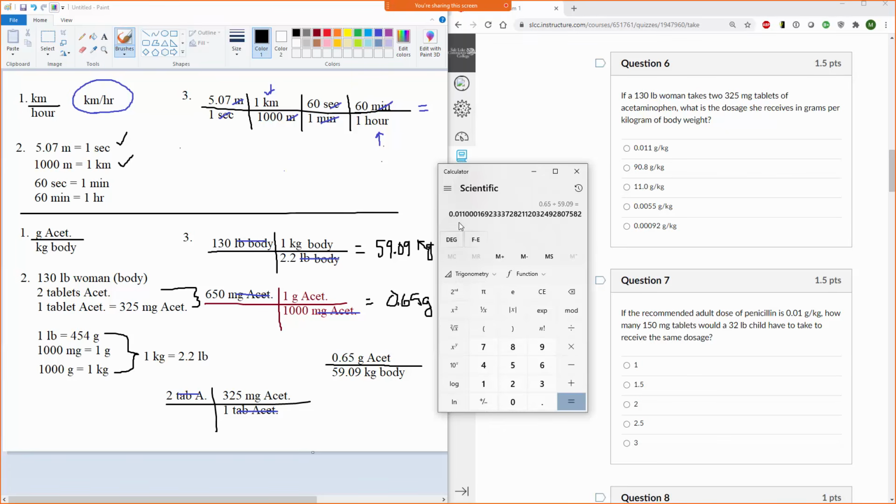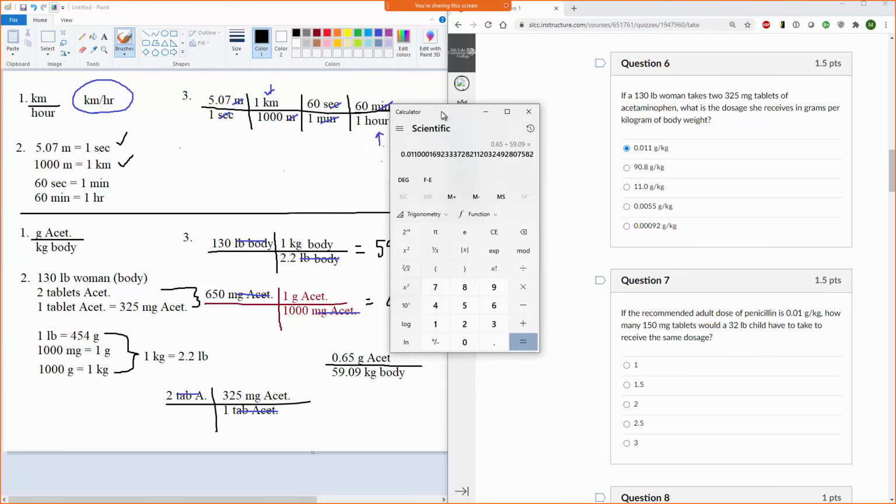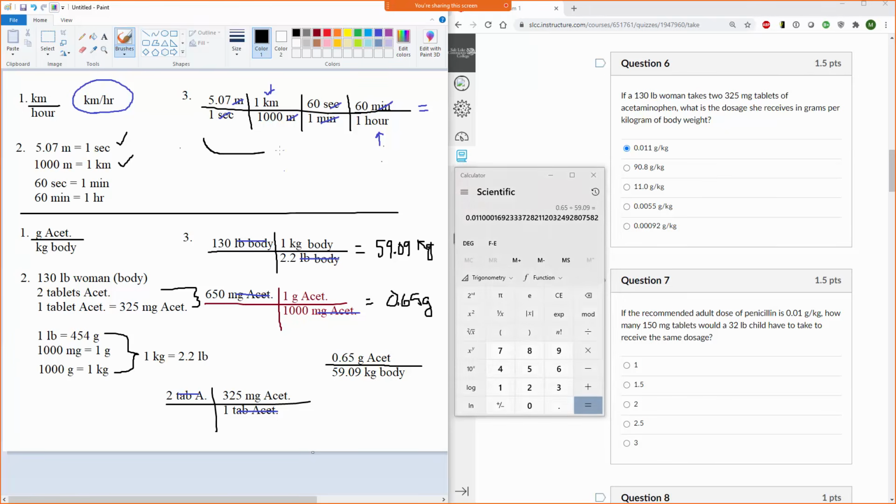Okay, so I have 0.011 grams per kilogram right there. Does this make sense to you guys? It might be that this makes sense to Sarah, but not necessarily to everybody else. So I really like doing the whole dimensional analysis, like all one long line. I feel very accomplished at the end of a 4 or 5 step conversion, but this is okay too.